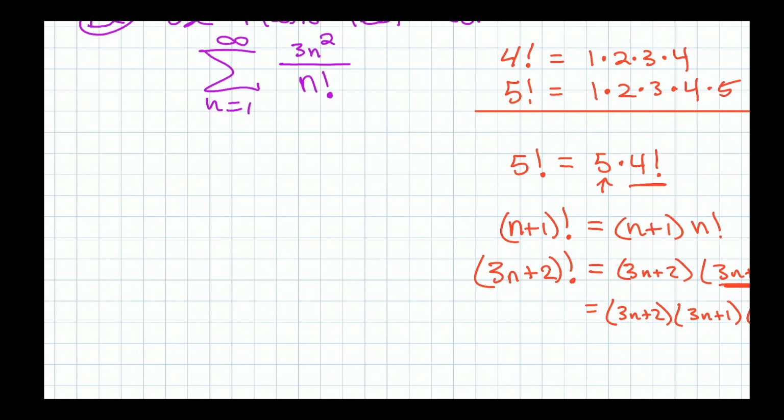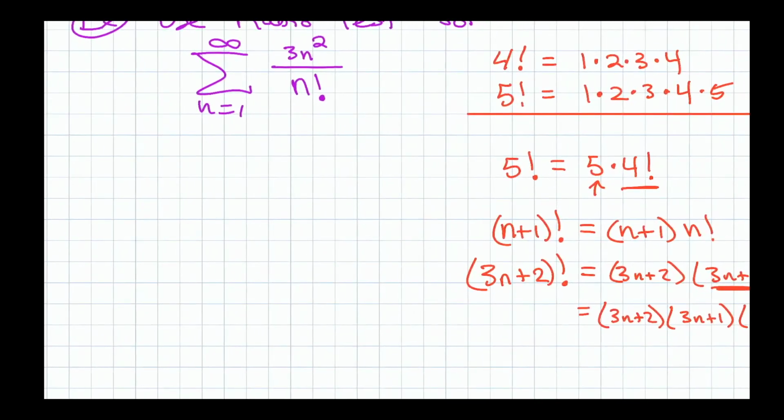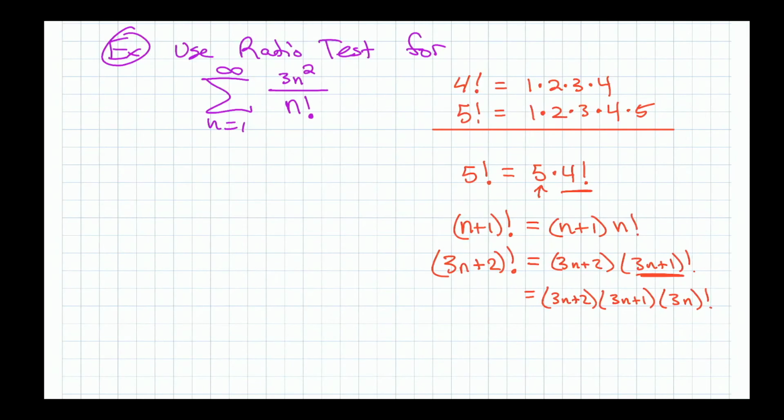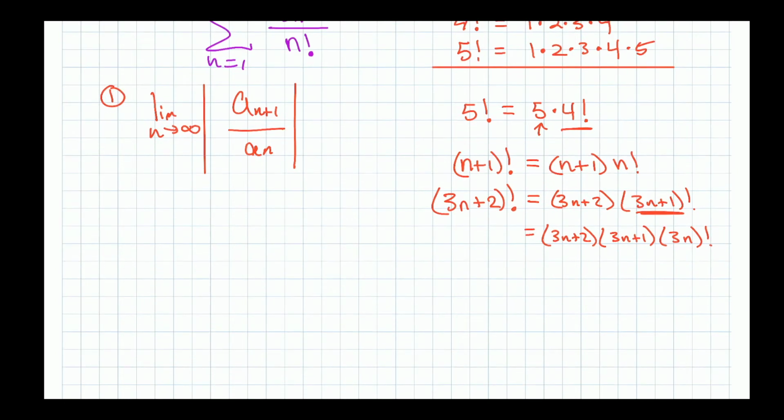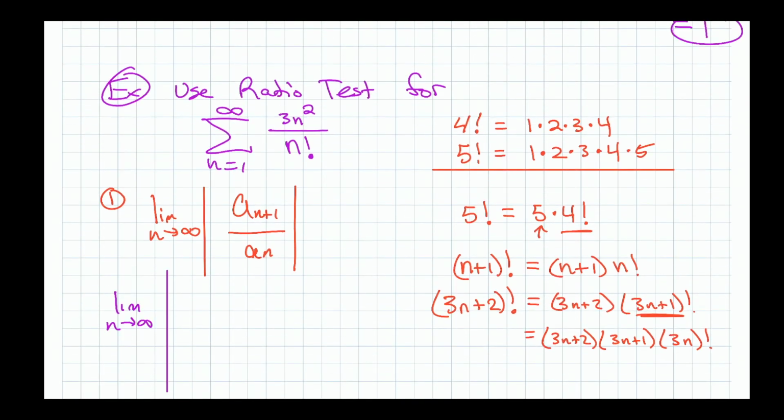All right, so let's go ahead and do this. We're going to apply the ratio test this time, so we're going to evaluate the limit as n goes to infinity of the absolute value of a_(n+1) over a_n. So you start there and figure out what these are. a_(n+1) is the formula with the n's replaced with n plus 1.